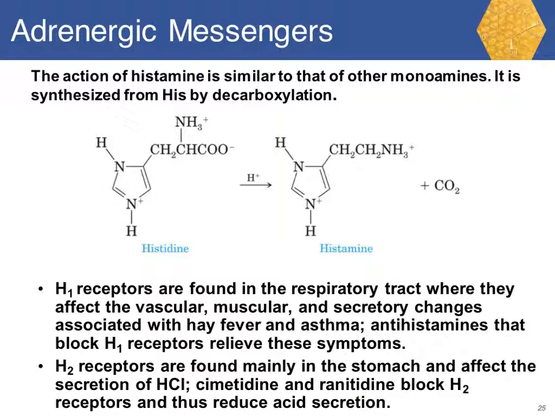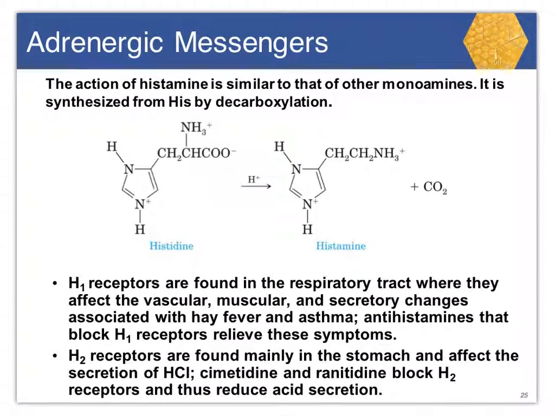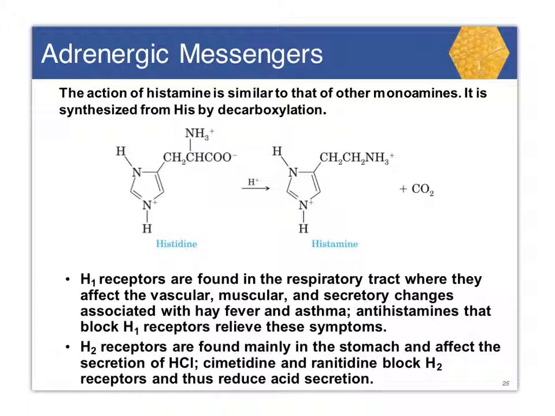Antihistamines that block H1 receptors relieve these symptoms. And then the other is the H2 receptor, found mainly in the stomach, and that affects the secretion of HCl. Cimetidine and ranitidine block H2 receptors and thus reduce acid secretion.